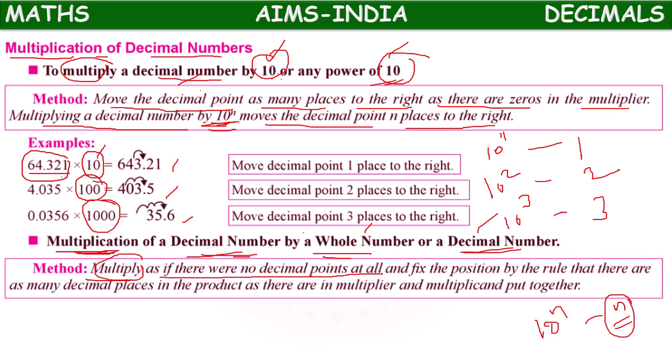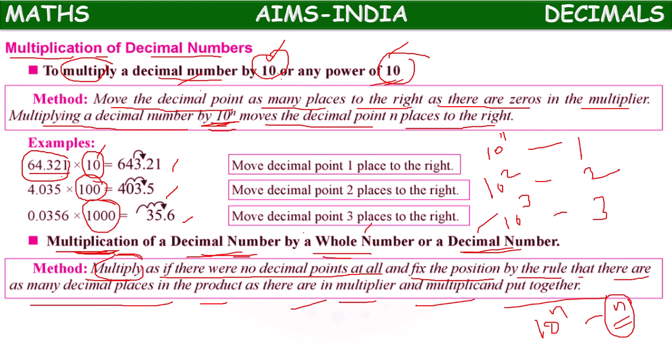First we have to assume there is no decimal point. Like normal multiplication, we have to do the multiplication. After that, fix the position by the rule that there are as many decimal places in the product as there are in multiplier and multiplicand put together.